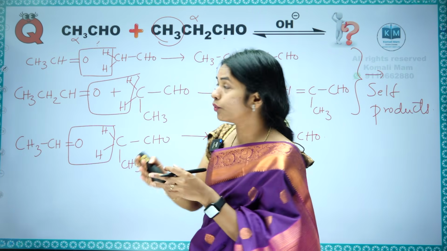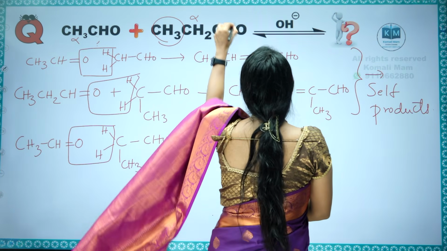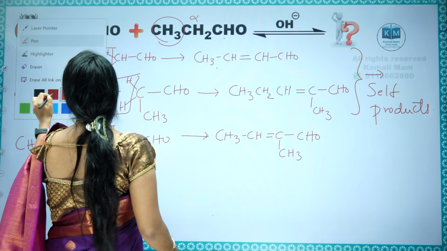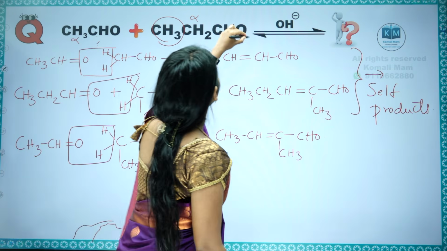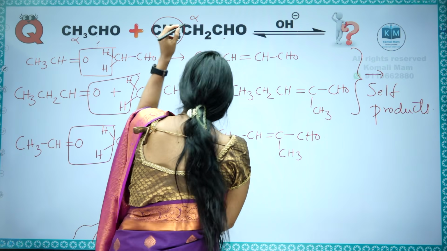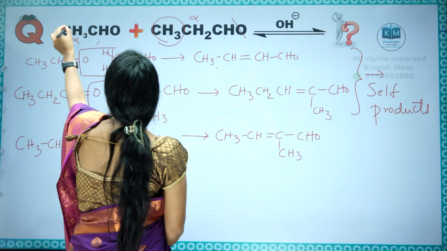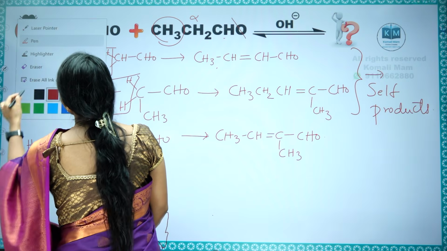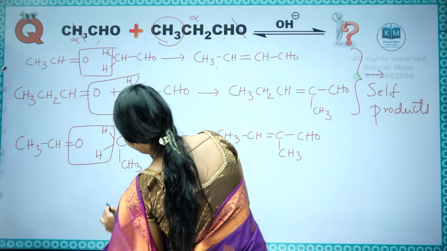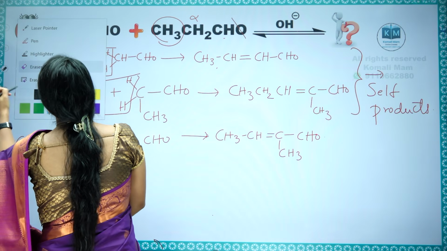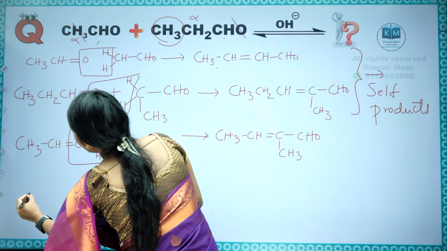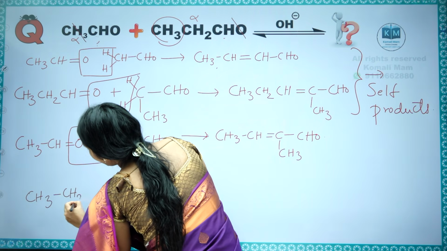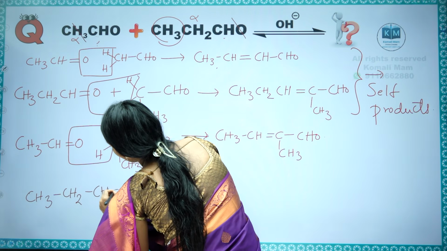Now reverse I'll do. From this oxygen I'll remove the oxygen, and from these two alpha hydrogens I'll remove. Let us see what structure I'll get. CH3, CH2, CHO. Correct?